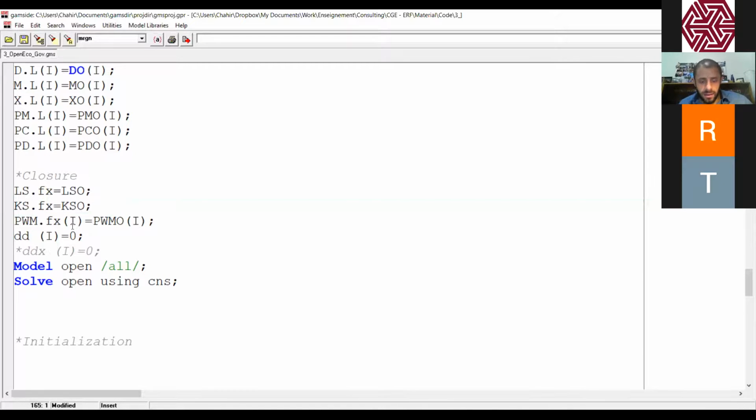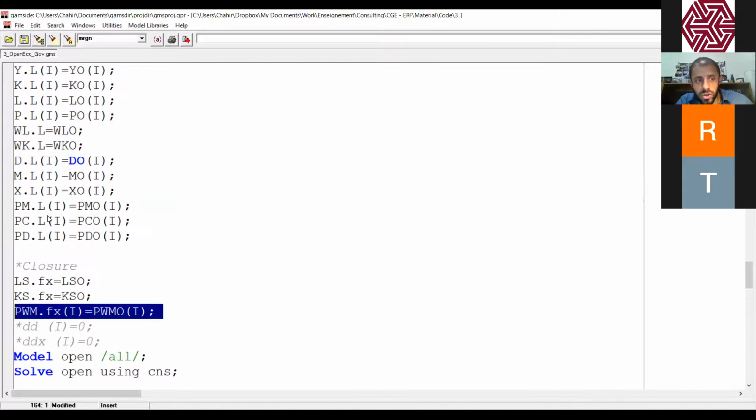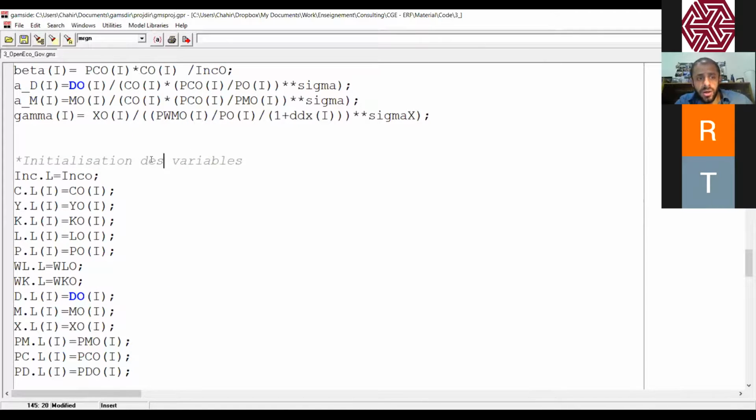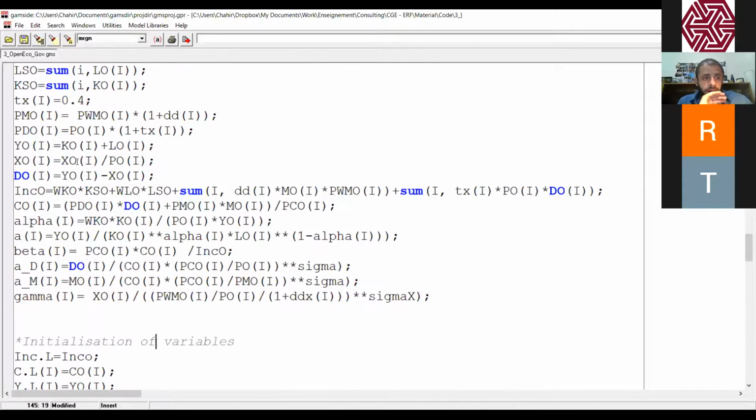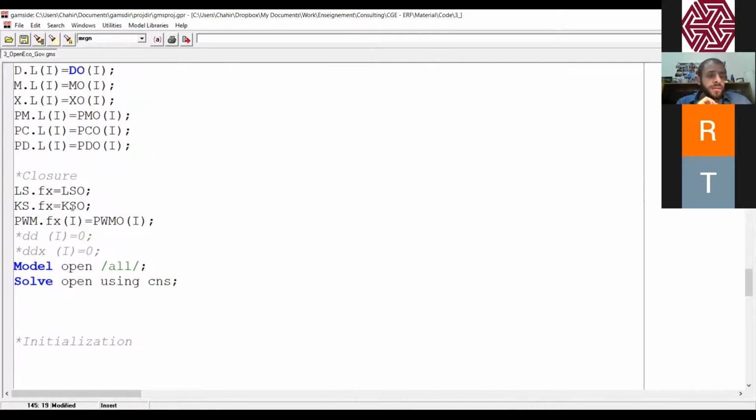And then the world prices in general will be exogenous, which makes sense because this means that we have a small open economy. And if it's a small open economy, it will be a price taker, and if it's a price taker, we can assume that world prices are exogenous. So that's the closure. Any questions on the closure?